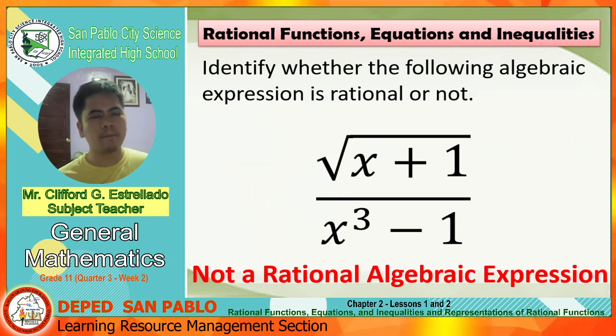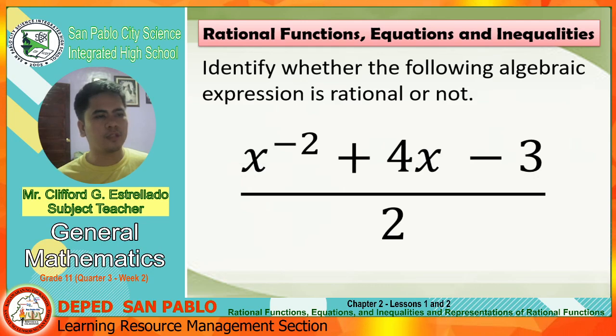So we have a fractional exponent. And if we have a fractional exponent, that is not a polynomial. Since our numerator is not a polynomial, therefore, it is not a rational algebraic expression. While the denominator x cubed minus 1 is a polynomial. Next.